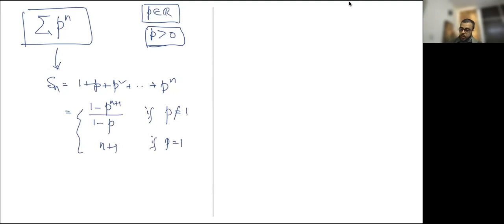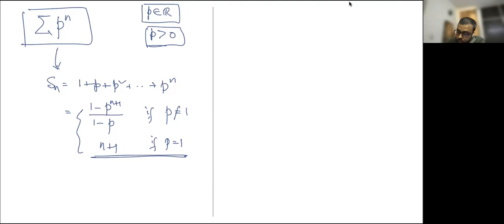Now, what can you say about the convergence or divergence of this sequence S_n? In this case, it would diverge to plus infinity, right? If p is 1, then S_n is n plus 1, and that diverges to plus infinity.